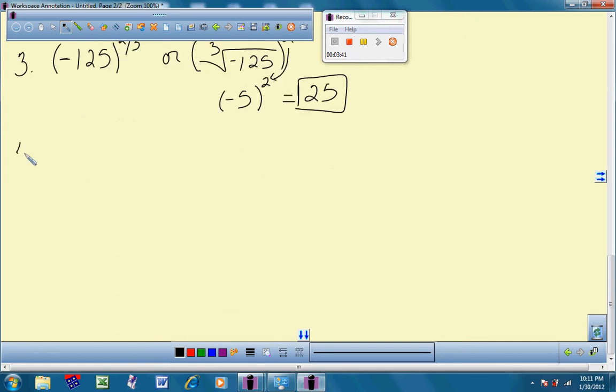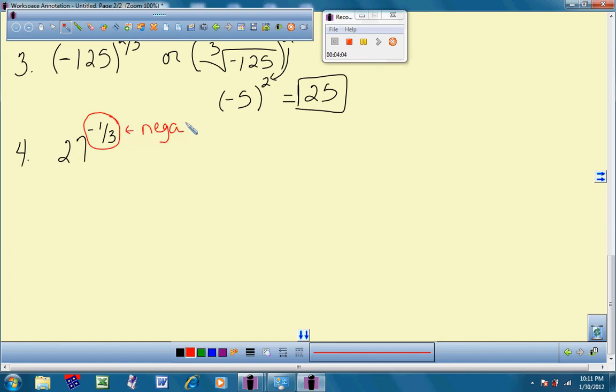Example 4. Let's do 27 with an exponent of a negative 1/3. In radical notation, well, you know what, let's not do it in radical notation, and this is the reason why. Right away we notice that my exponent is negative.